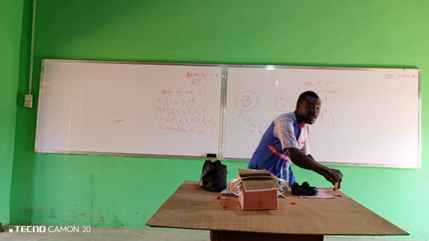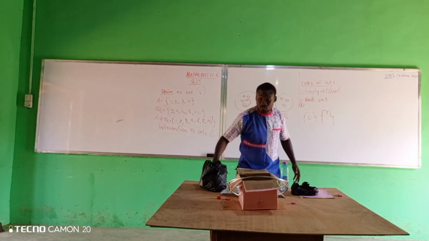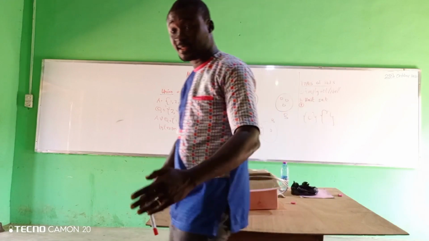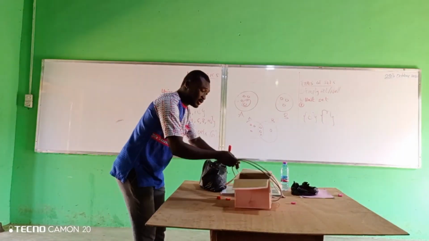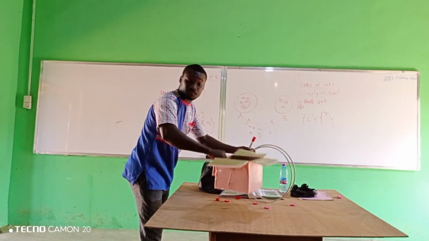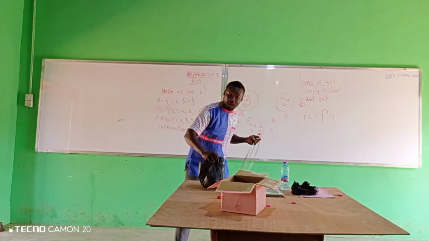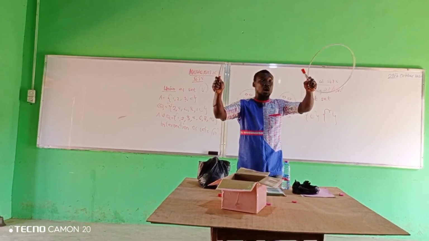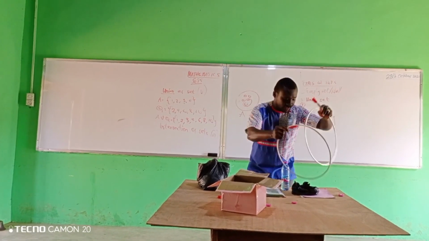Another example is this board. This is a set. Why is it a set? Because you can find this box on it. We have our counters and the bottle caps on it. We have two circular objects on it.